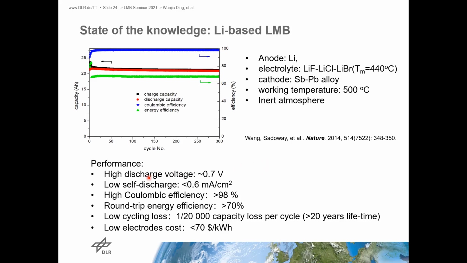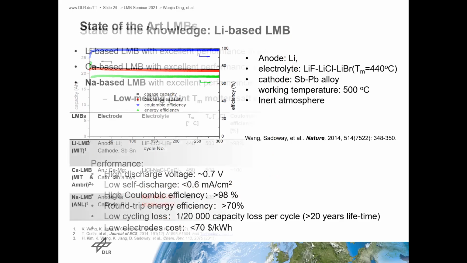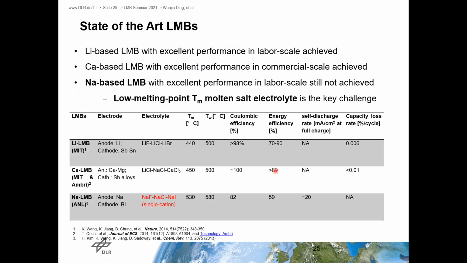For example, it has a very low self-discharge rate, its efficiency is very high, the capacity loss over cycling is very low, and the cost is low. But the problem is that if lithium is used in the future, maybe the price and cost cannot be well controlled. And here is a comparison of the state-of-the-art liquid metal batteries.